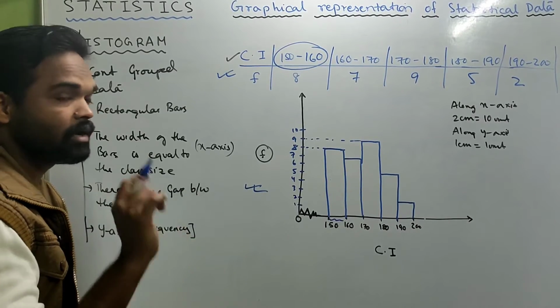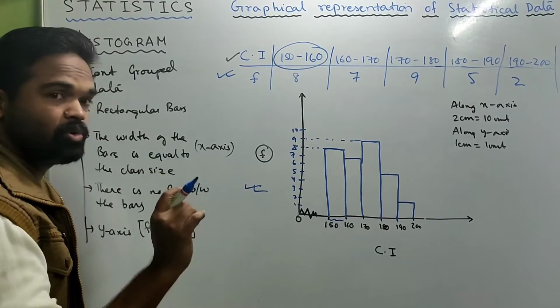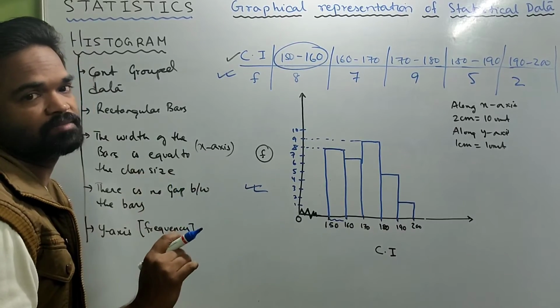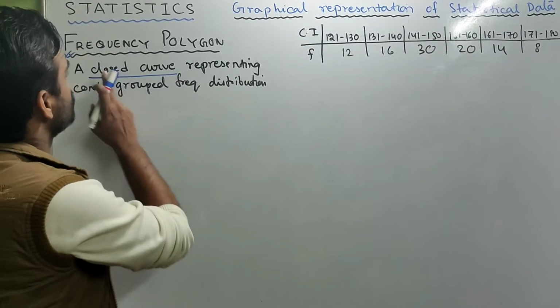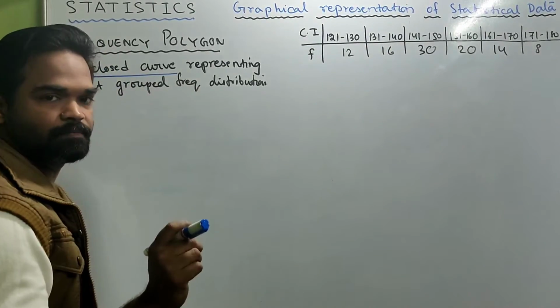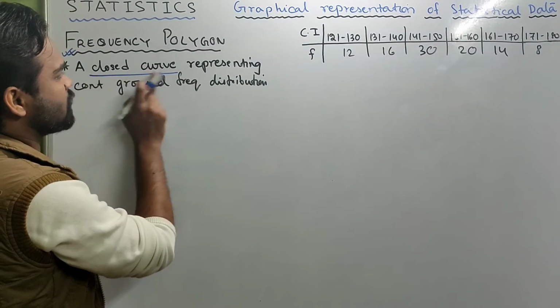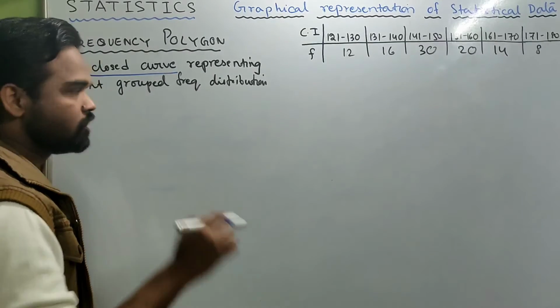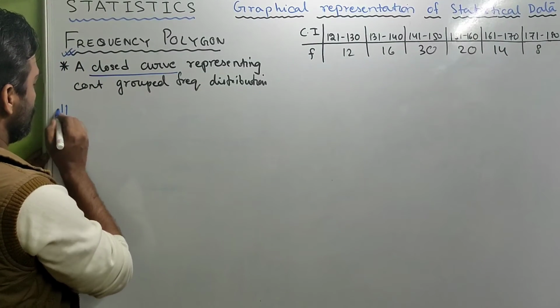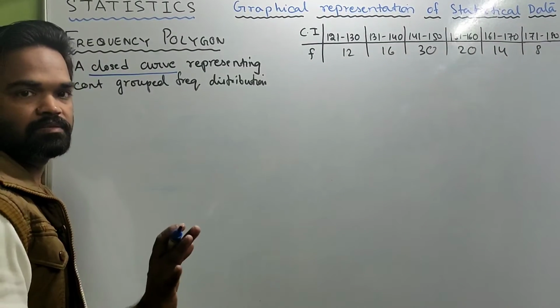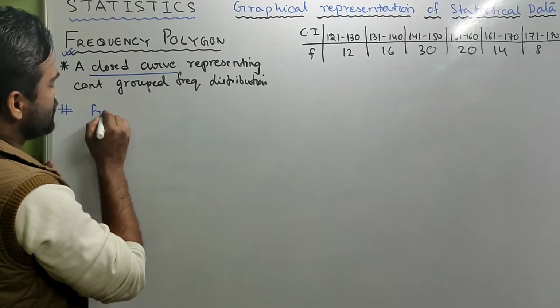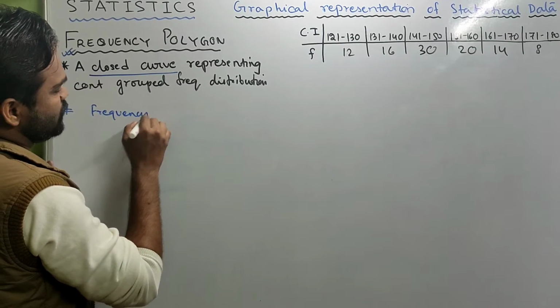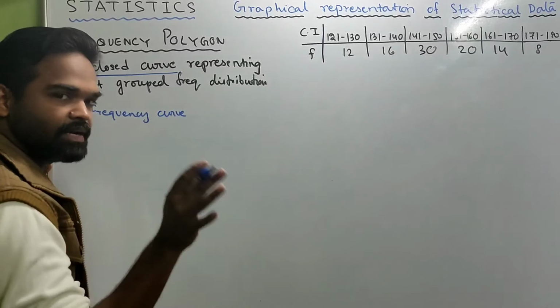Now let us see how to draw a frequency polygon. A frequency polygon is a closed curve representing a continuous grouped frequency distribution. So we don't draw rectangular bars; we have a frequency curve over here. And how do we get this?